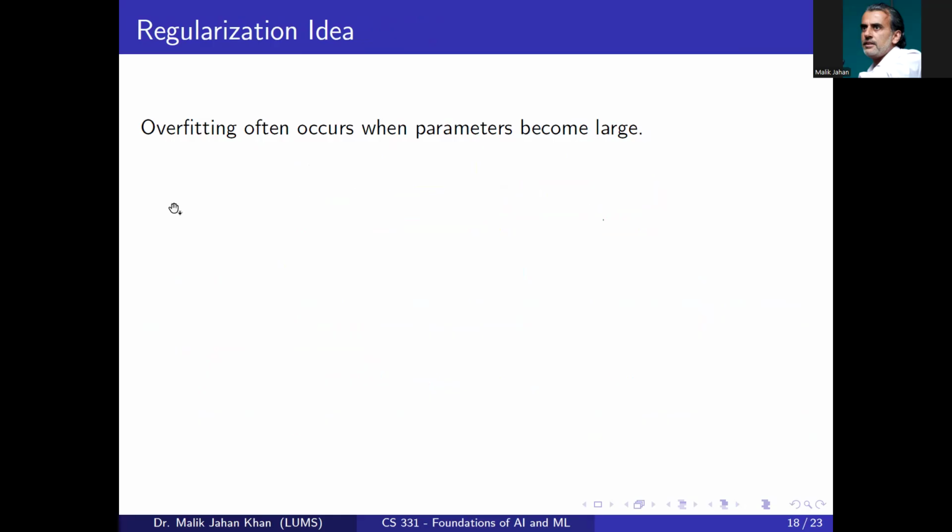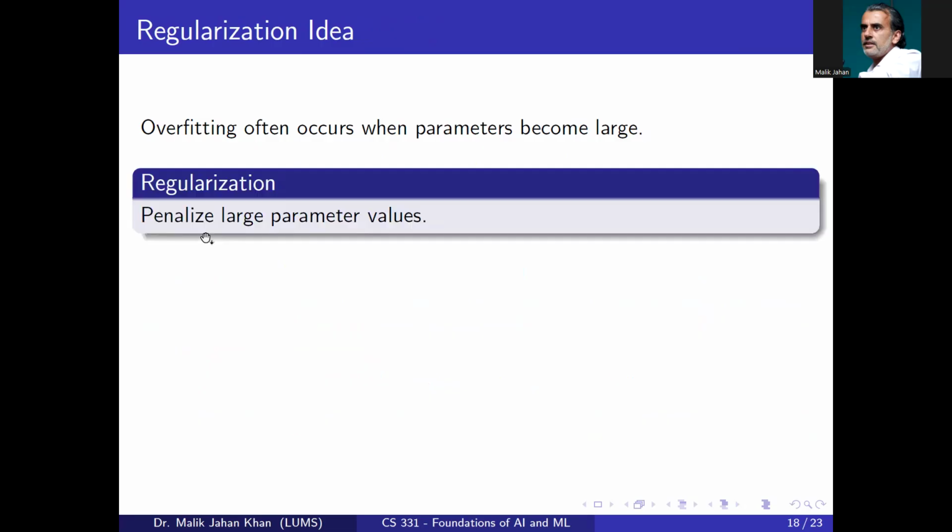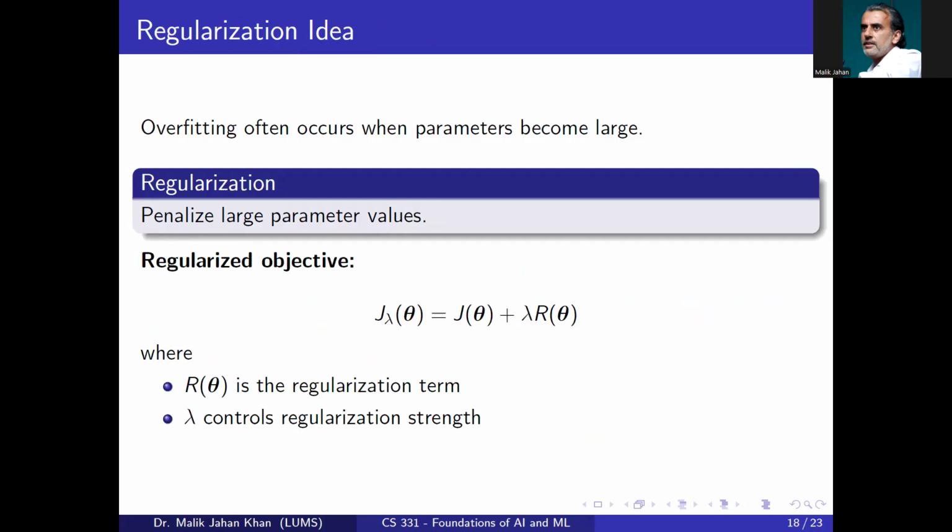Now, over here comes in the idea of regularization. So, overfitting often occurs when parameters become large. And the blue curve you saw in the first ICP, you might have seen that kind of thing as well, because if parameters become large, they might cause fluctuations in your learned concept. So regularization is the phenomenon which advocates that we should penalize large parameter values.